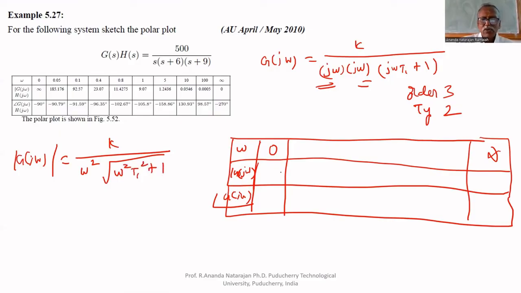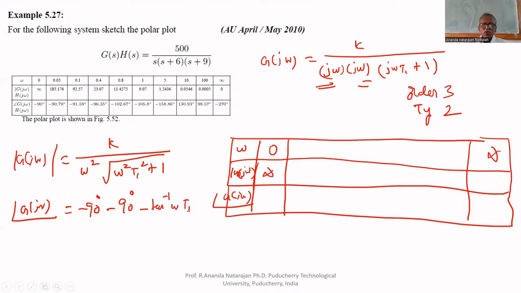If you substitute omega equal to 0, you get magnitude infinity. What is the angle? Angle of G of j omega is minus 90 for the first term, and again minus 90 for the second, minus tan inverse of omega tau 1.